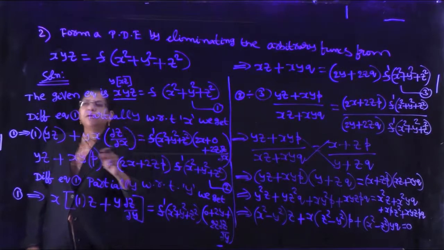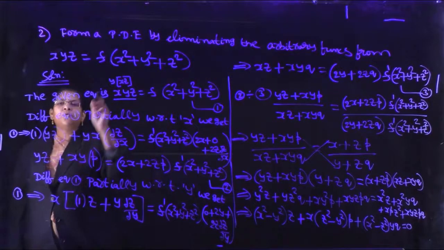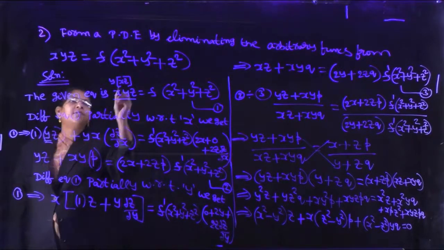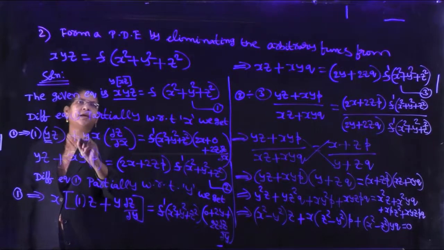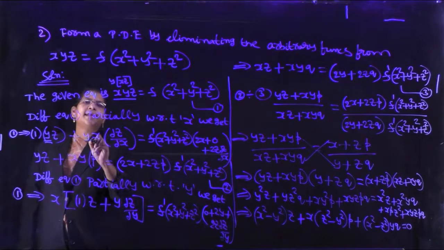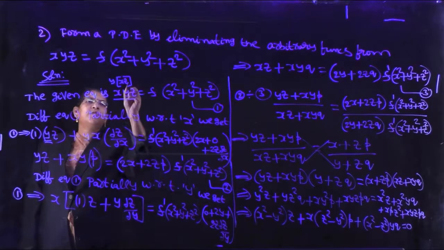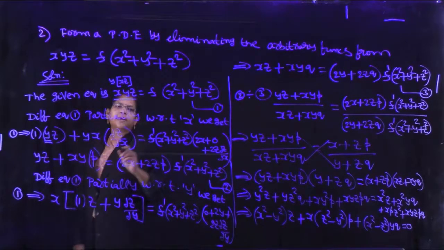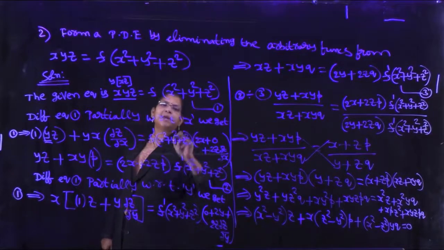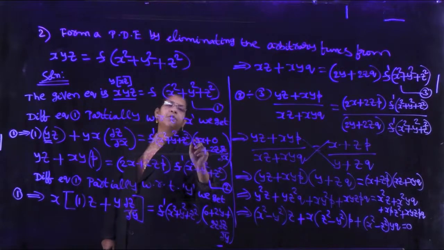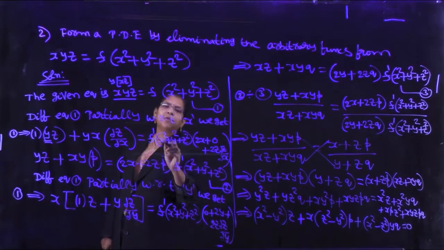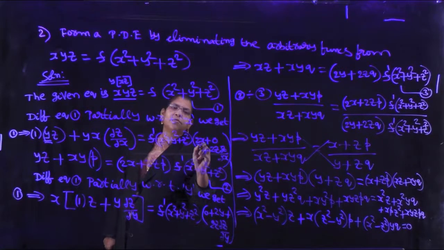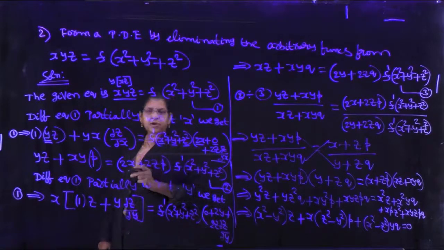The derivative for x is 1 into z, plus again y aside, x into the derivative for z, ∂z/∂x, equals f'(x² + y² + z²) into the derivative of the bracketed value. For x² the derivative is 2x, for y² it is 0, for z² it is 2z ∂z/∂x.